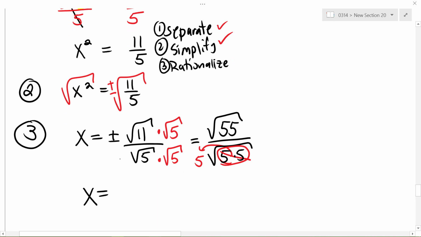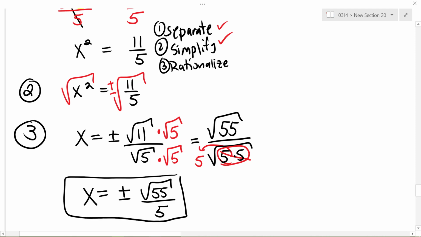Okay, so our final answer here is x is equal to plus or minus square root of 55, all of that divided by 5. Remember, when we circle everything underneath and cross it out, the radical symbol goes away, and we're left with just whatever was in front of that square root. Okay, so our answer is x is equal to plus or minus square root of 55 over 5.